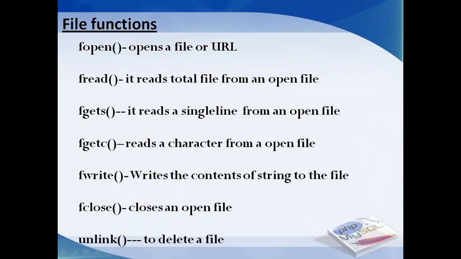Single line means, for example, if there are 100 lines available in your file and you want to read only a single line, you can go for the fgets function. Next, the fgetc function is used to read a single character. If I want to read only a single character from a file, you can go for the fgetc function.